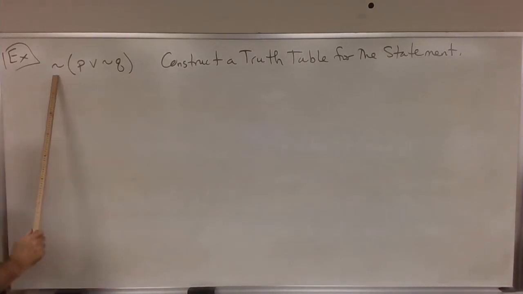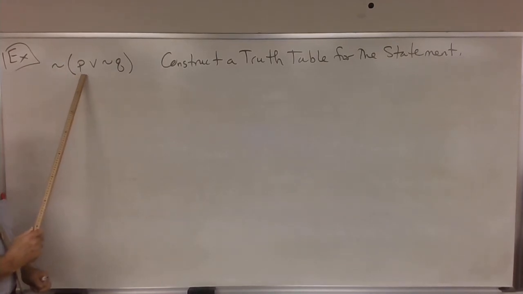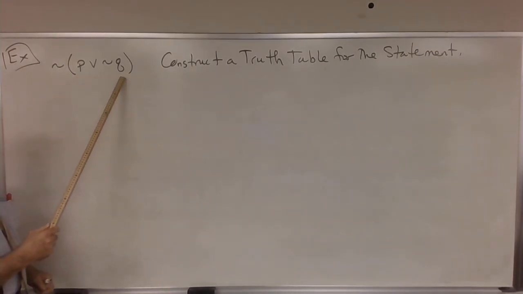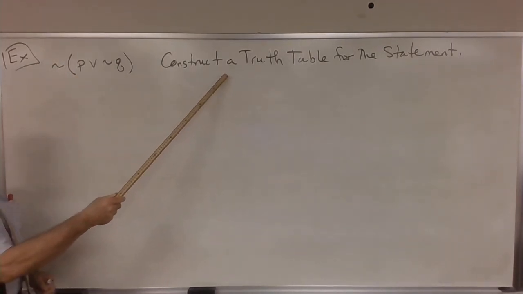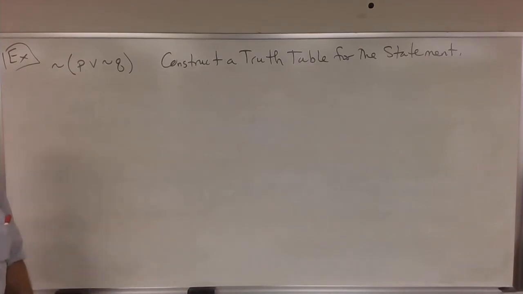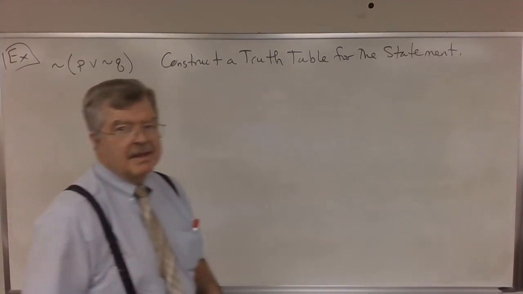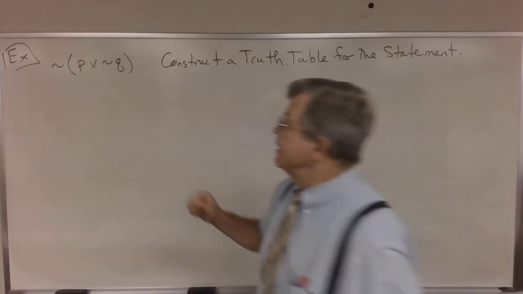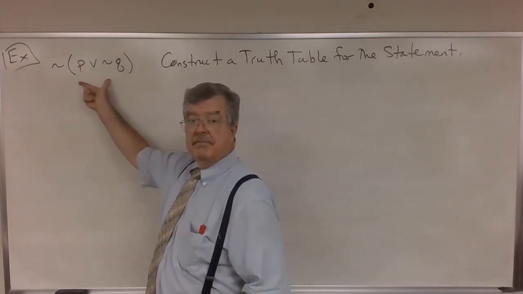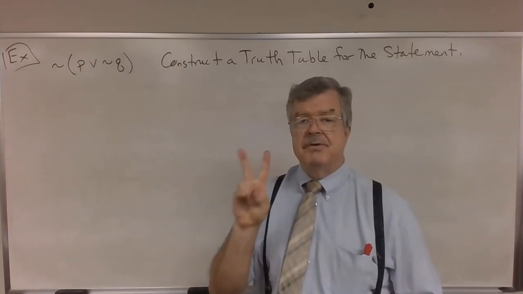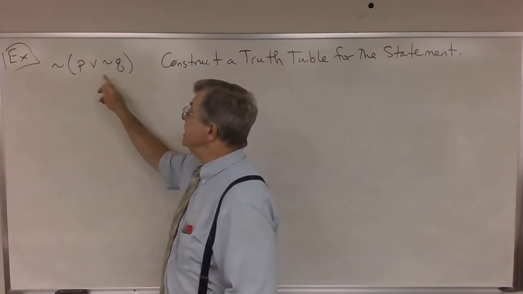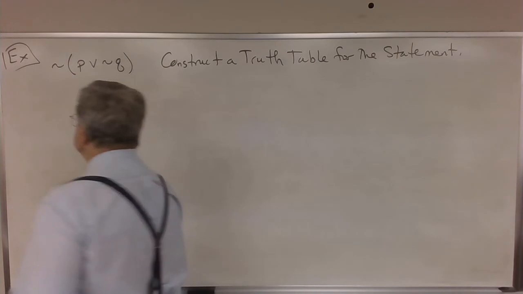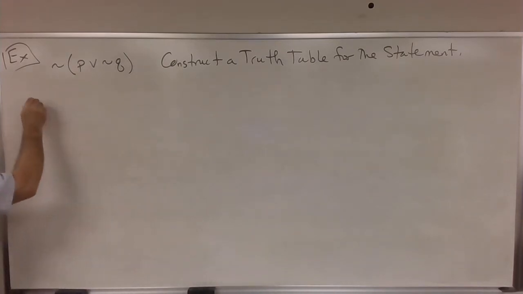Another example. Here's our statement. The negation of P or not Q. Construct a truth table for the statement. Our compound statement is made up of 2 simple statements, P and Q. So we prepare our truth table.